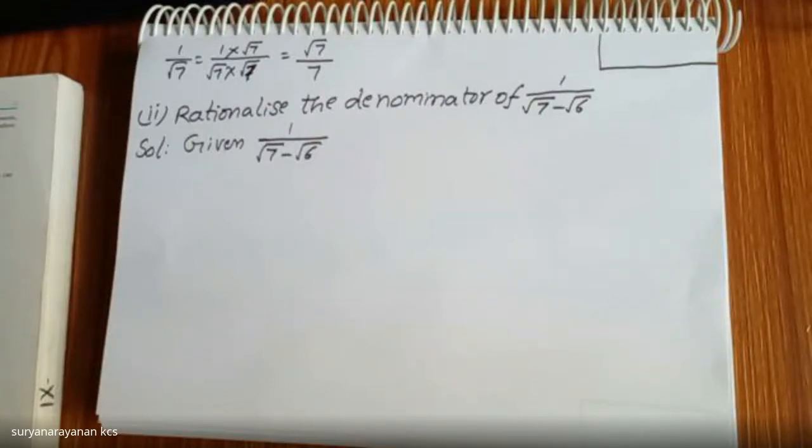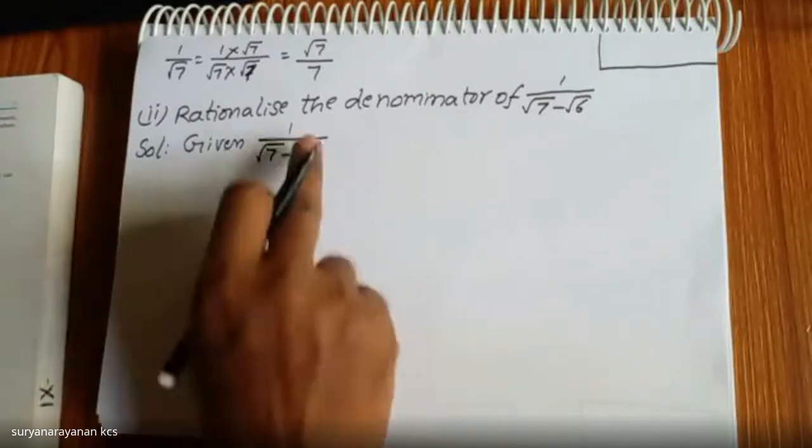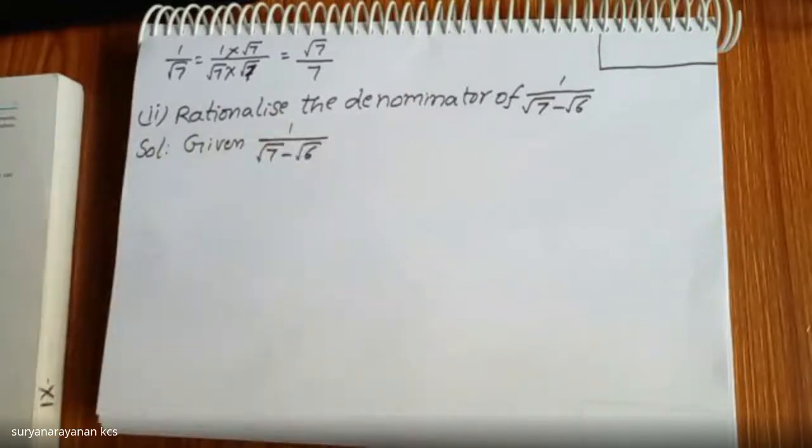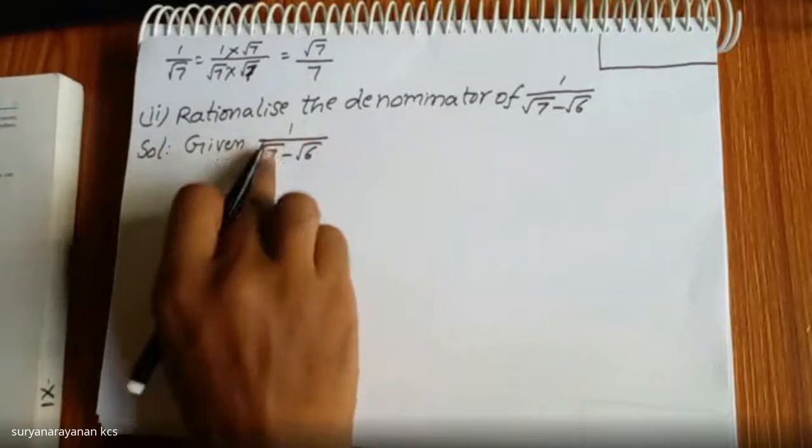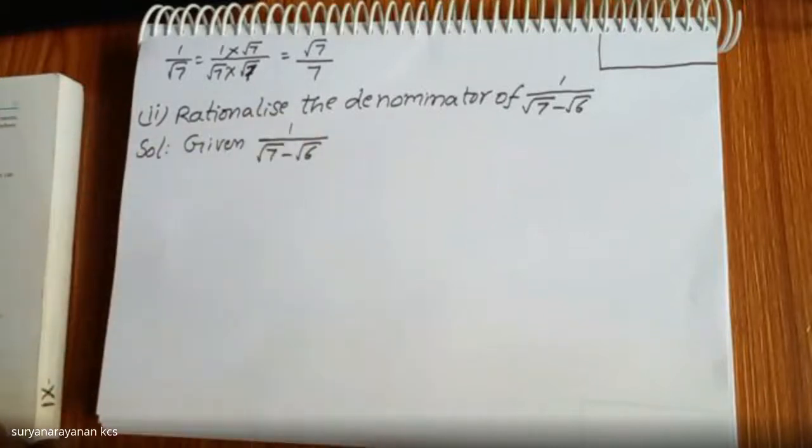Rahul, can't you find the denominator of this fraction? I'm asking a simple question: in a fraction, what is the denominator? Can you find it or not, by seeing this fraction?